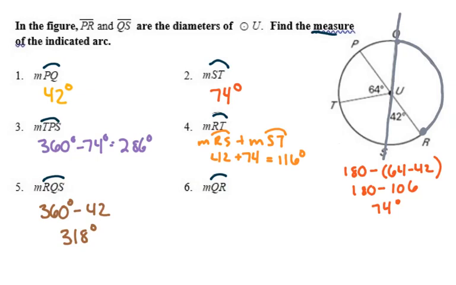So I can find QR by taking 180 and subtracting the measure of arc RS. So 180 minus 42 is equal to 138 degrees.